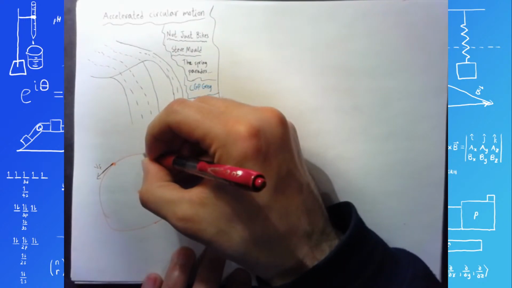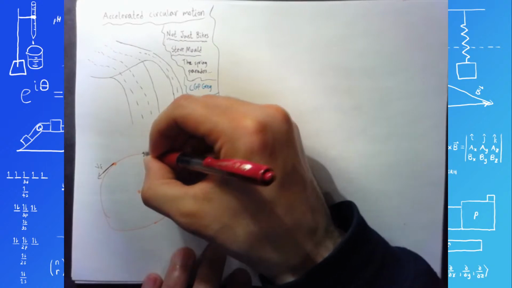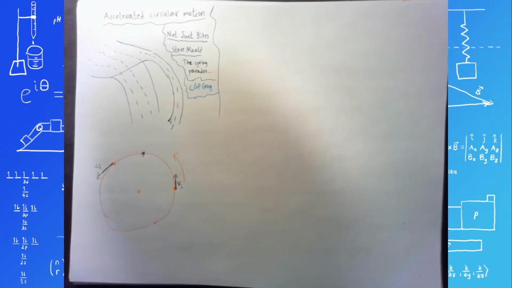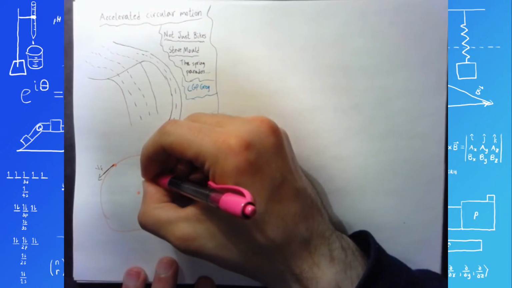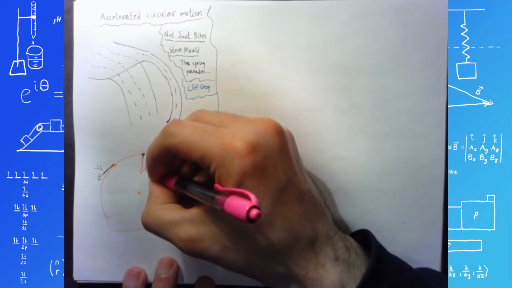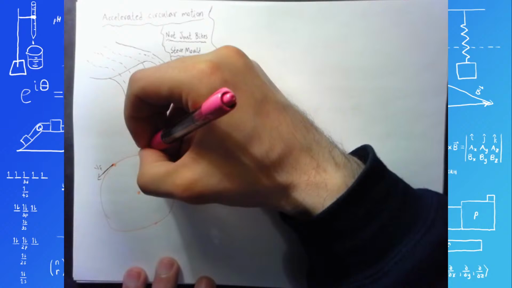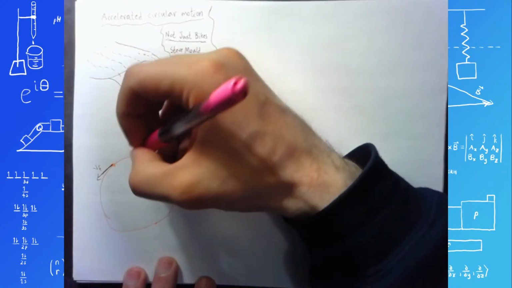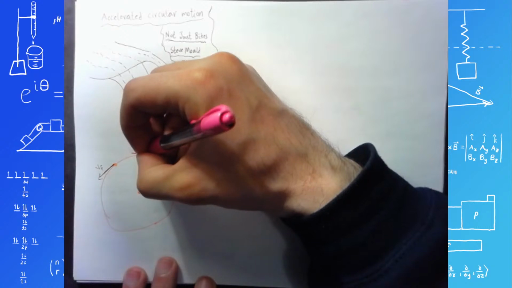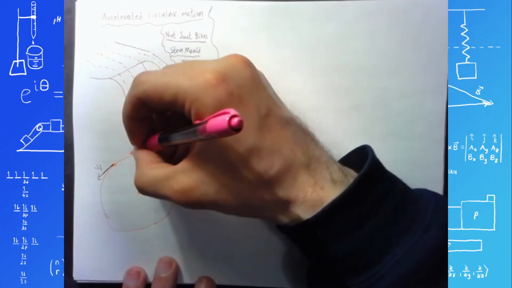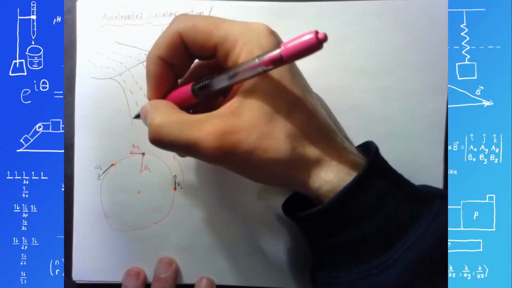So let's say at some other random point, let's say over here, you have two accelerations on you. You've got your centripetal acceleration, but you also have your tangential acceleration. And if you're speeding up, then your tangential acceleration would be in the direction of your tangential velocity. So that's your a tangential.